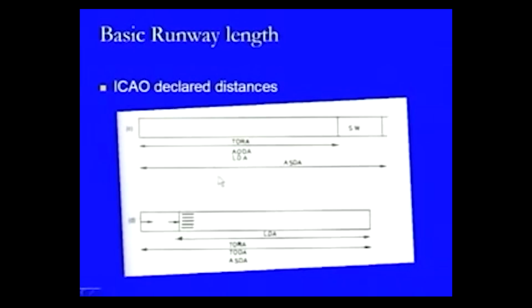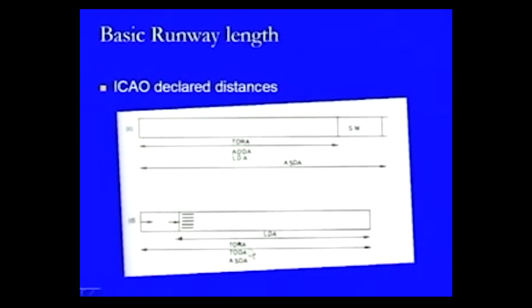Then in the third case which we have discussed, here the stopway is being provided, which means the ASDA, accelerate-stop distance available, will be equal to this TORA plus the stopway, and this TORA, the takeoff run available, will be equal to TODA and LDA.